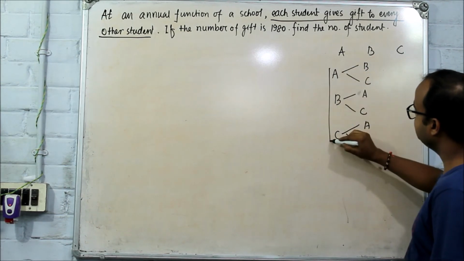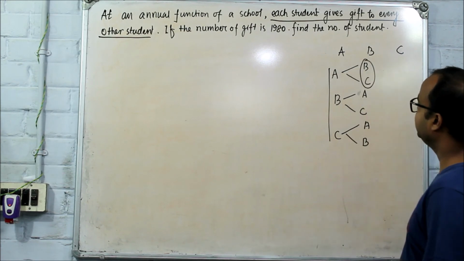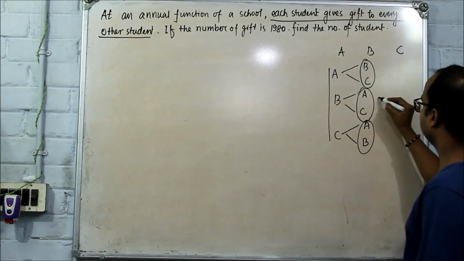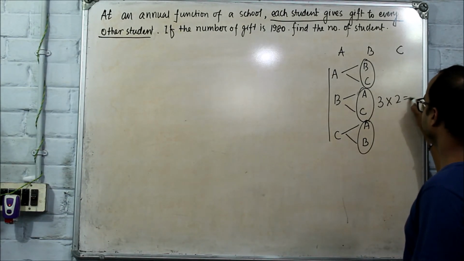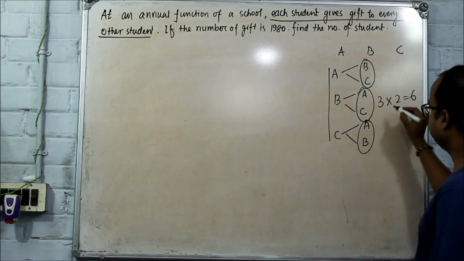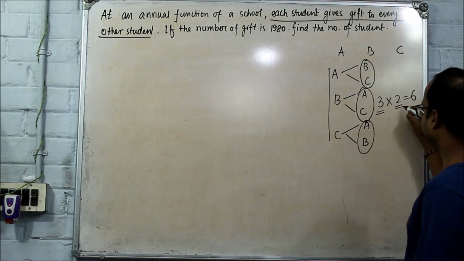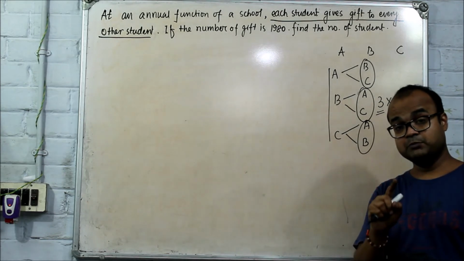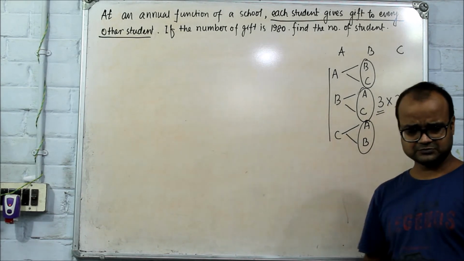See, there are 3 students, so A will bring 2, B will bring 2 and C will bring 2. So the total number of gifts is 3 into 2, which is 6. That means the number of students multiplied by the number of gifts, that is the number of students minus 1.